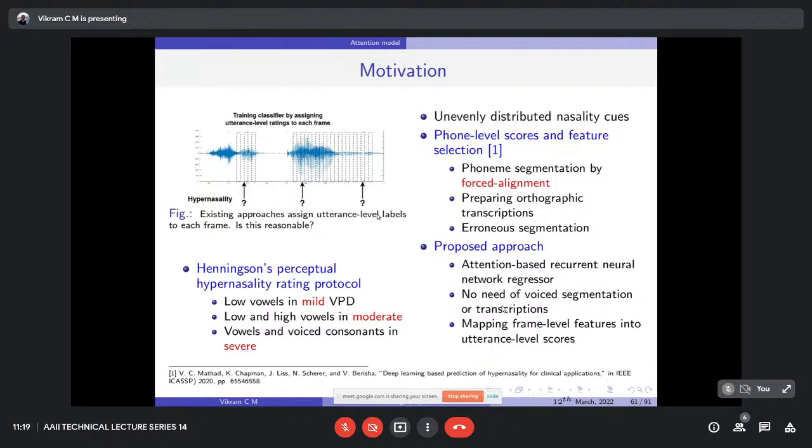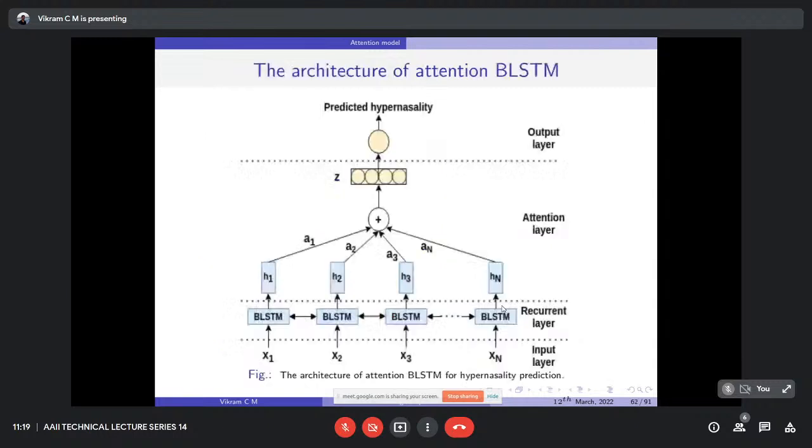To avoid this, we used an attention neural network, which can highlight the speech frames that are responsible for the evaluation of hypernasality. This is the BLSTM-based attention system for hypernasality evaluation. It directly maps the frame-level features to the utterance-level nasality scores.